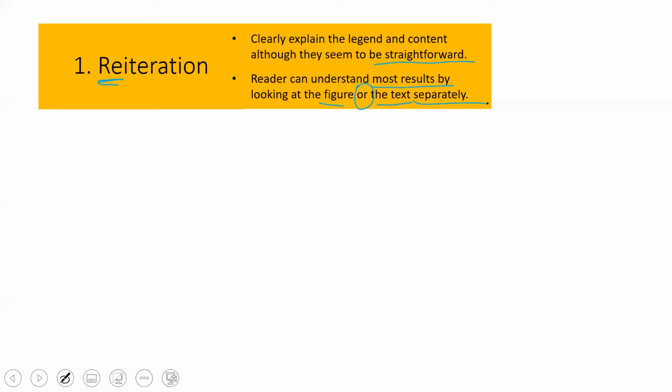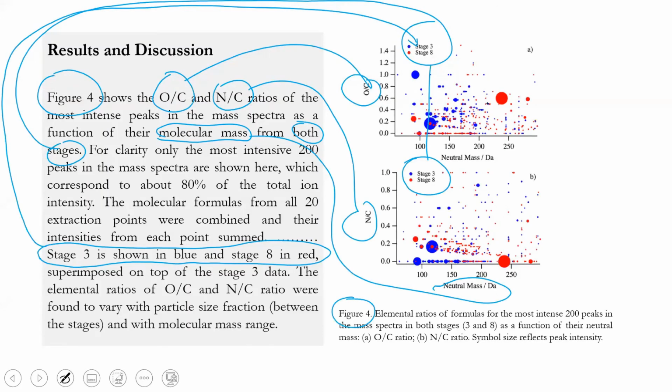If I cover up the figures, you should be able to imagine what the figure looks like. If I cover up the text, you should understand 80% of the content in the figure as well.